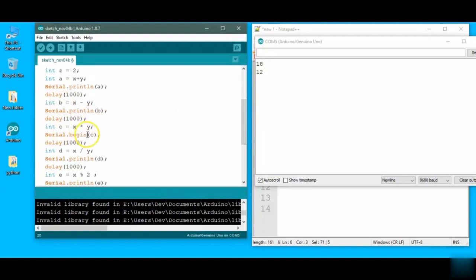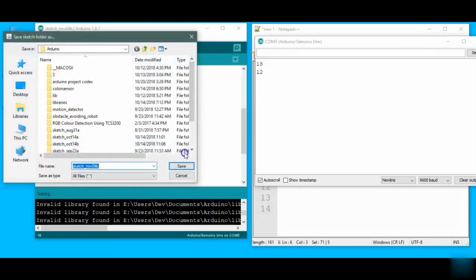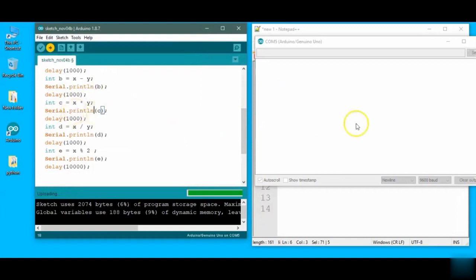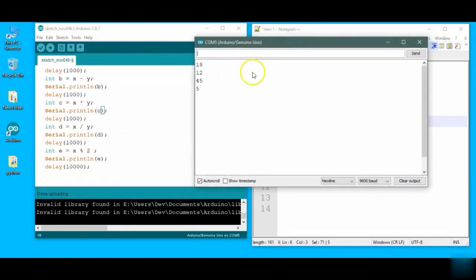I have written Serial.begin here instead of Serial.println. And here I have written Serial.begin, and it doesn't produce further output. What happened there is it changes the communication rate, so I think it's a good error.